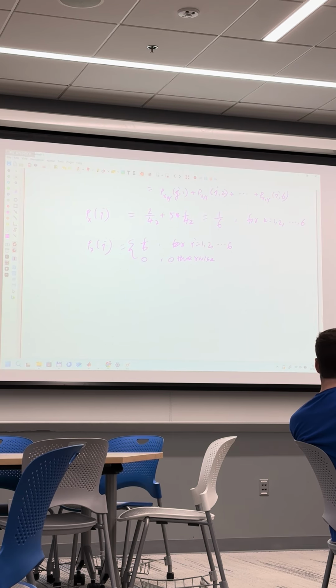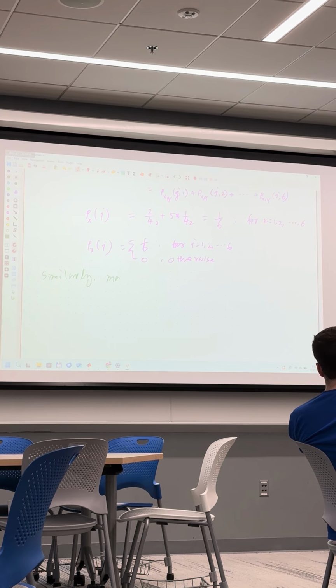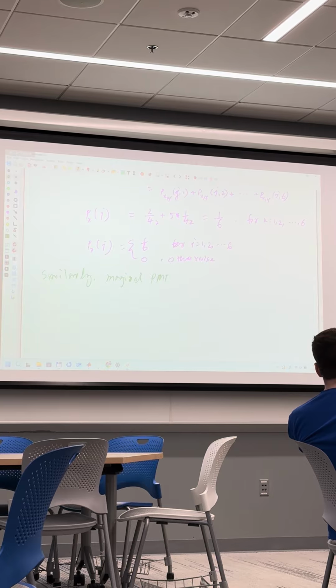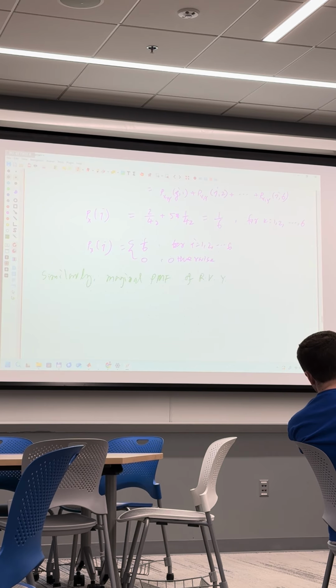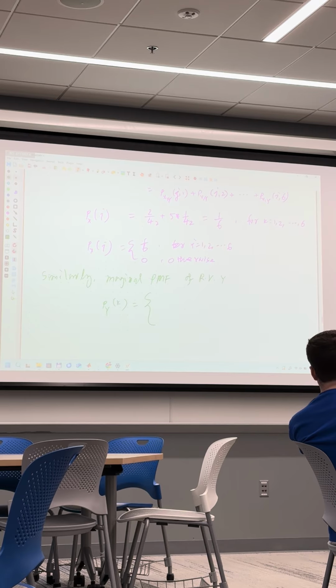Similarly, if I ask you to find marginal PMF of random variable y, you write PMF of random variable y taking value k equals, I'm going to directly write the result because you are going to just follow a similar procedure here.